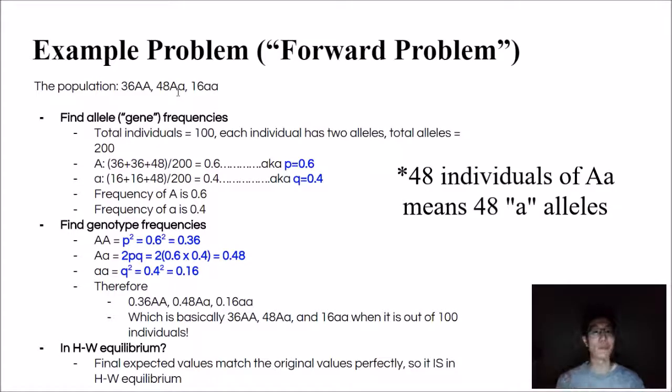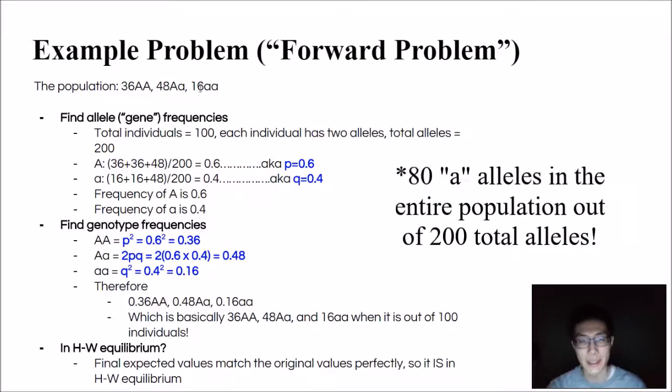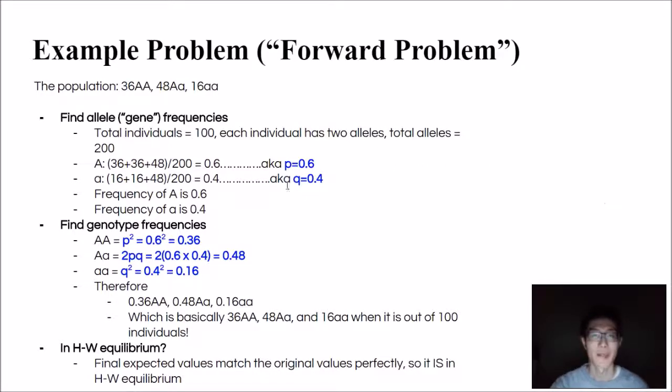This is arguably the most tricky part for a lot of students. So in total, the number of little a alleles within this population is 16 plus another 16 plus 48. You divide that by 200, and that's 0.4. I think that makes sense. So again, little a correlates to q, and q equals 0.4.